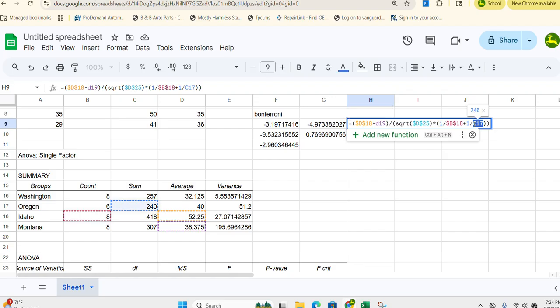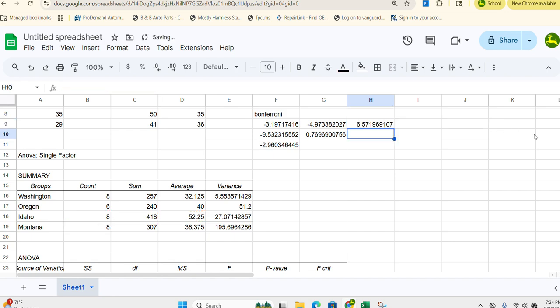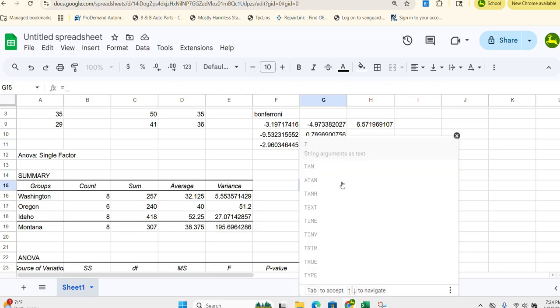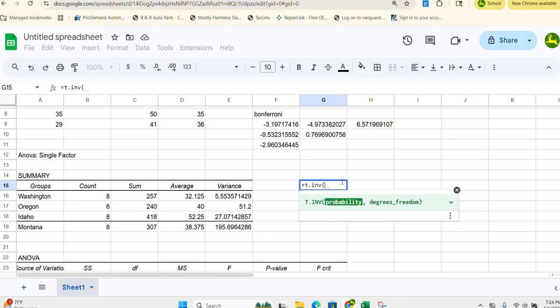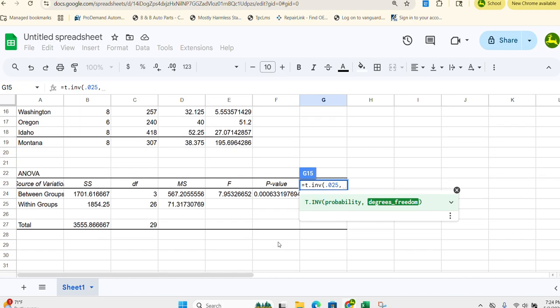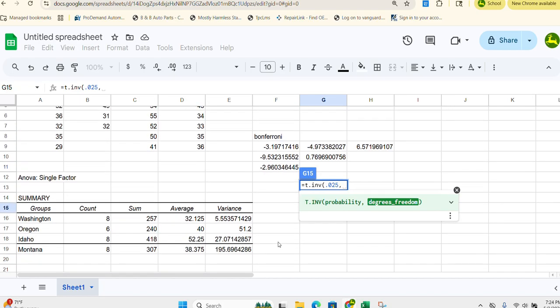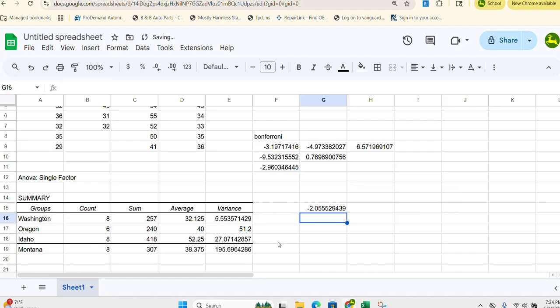Done. If you look at it, that looks like there'd be a wild difference there. You're probably right. And then equals T.INV of 0.025, comma, degrees of freedom, which for us is the degrees of freedom for MSE, so 26. Negative 2.05, or 2.05.